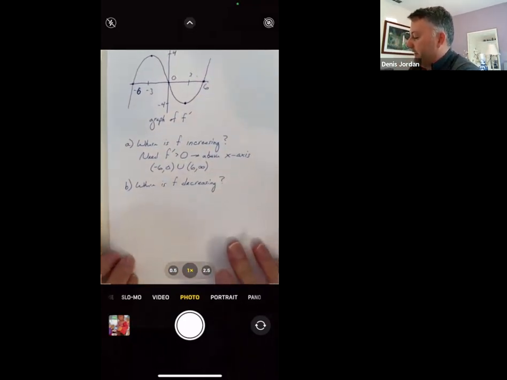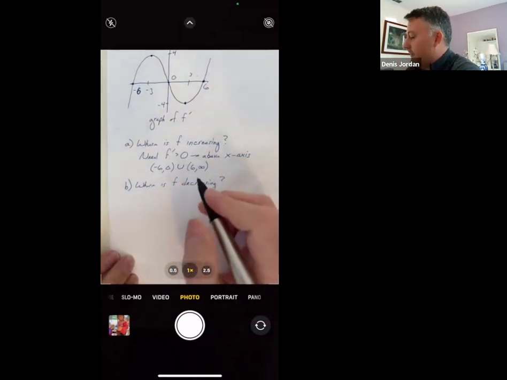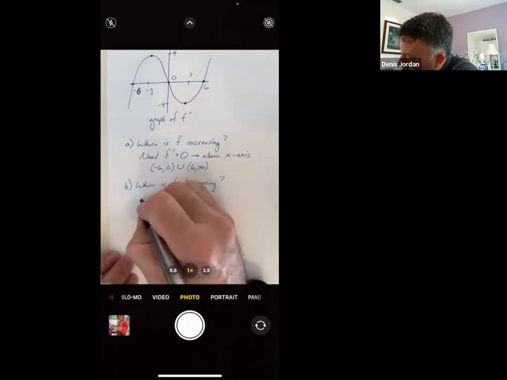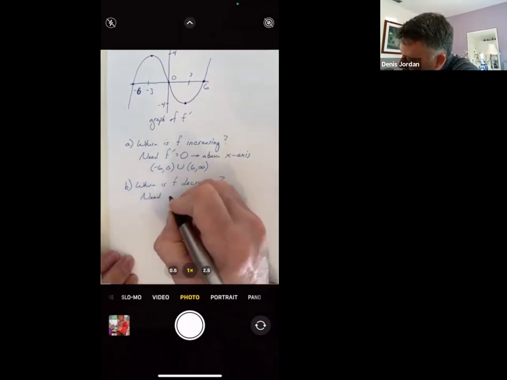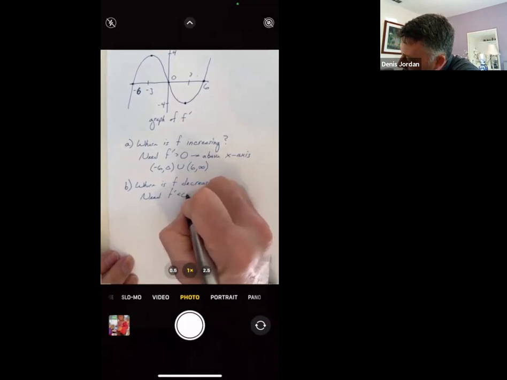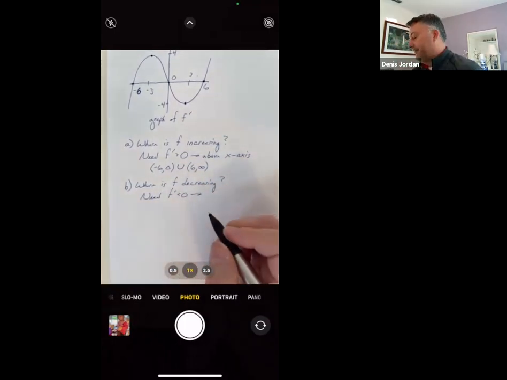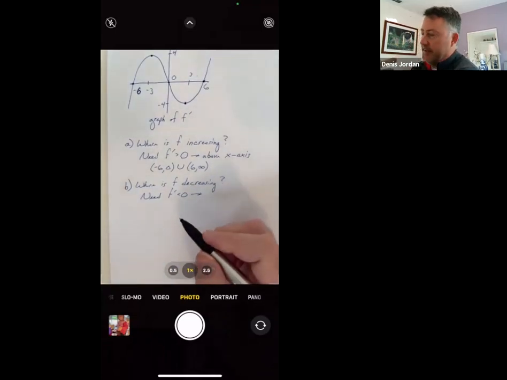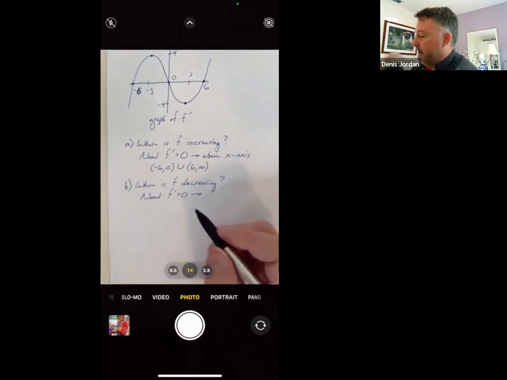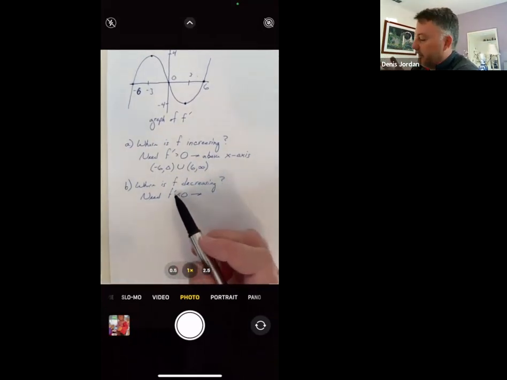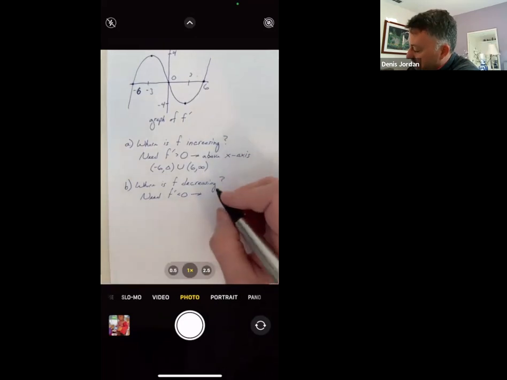Okay, so then the flip side of that: where is f decreasing? If the function is decreasing, that means your derivative has to be negative. Because again, when you look at that sign chart, the function is decreasing everywhere you had a minus sign, which indicates that the derivative is negative.